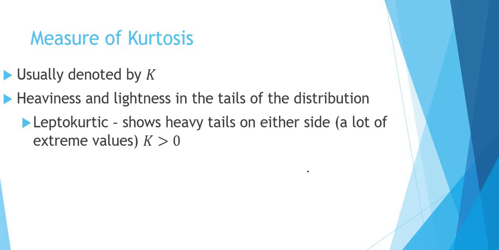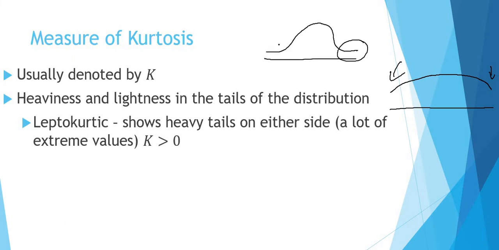Leptokurtic might look something like this. As you can see, there are actually values at the ends. It's not flat just like this one. These are quite flat, but here they are rising. So there are values on the sides or on our tails. And if it's leptokurtic, K is greater than 0.